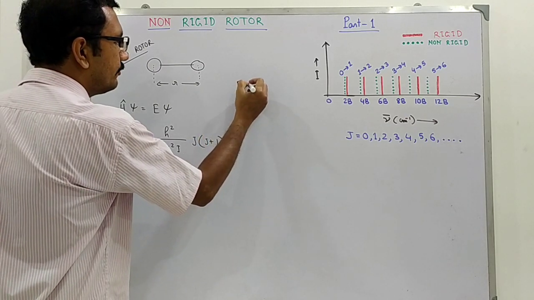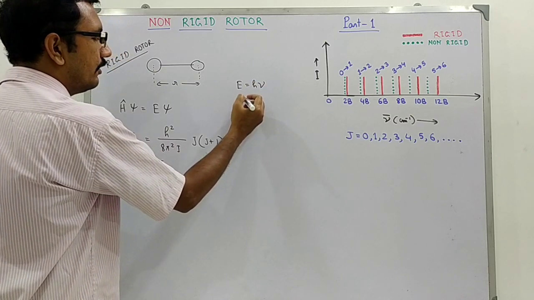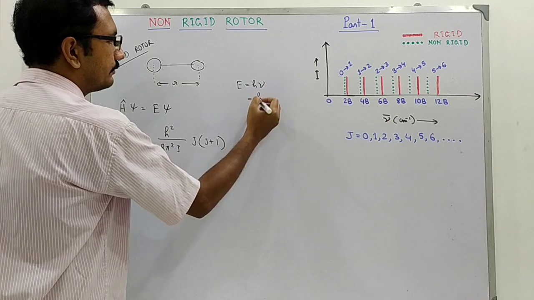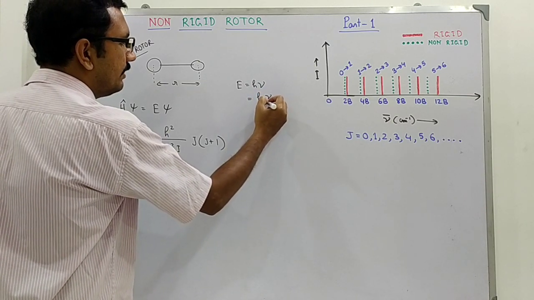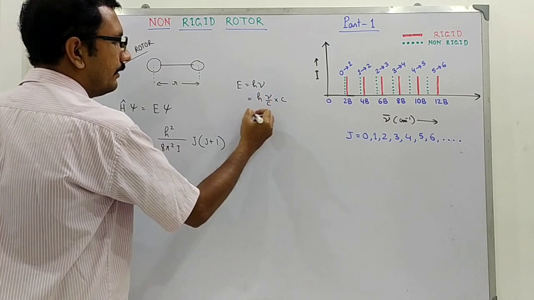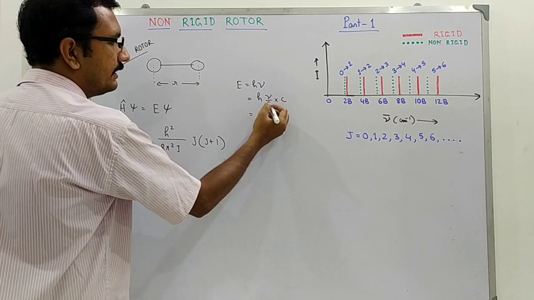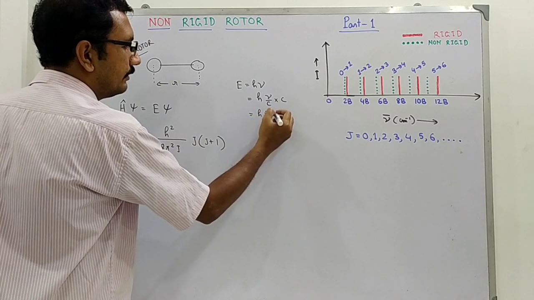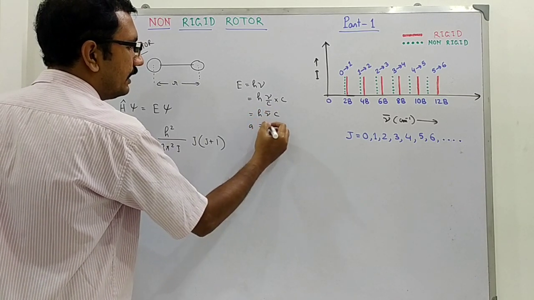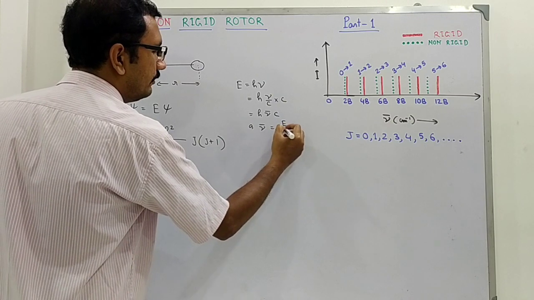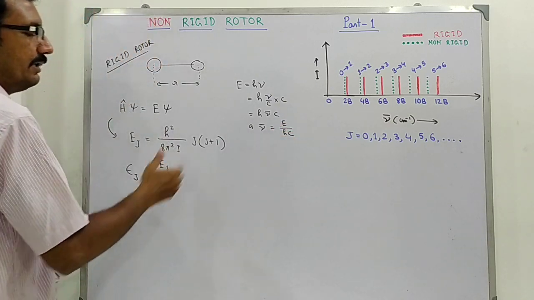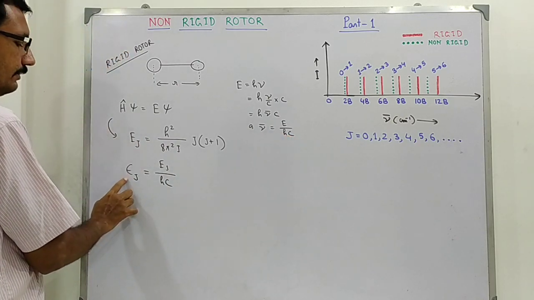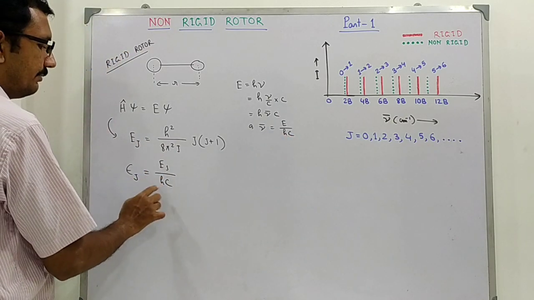We have E equals h nu, Planck's law, and we can write nu as c by lambda, that is, nu by c, the number of waves per centimeter. So that will be nu bar into c, or nu bar equals E upon hc. So the wave number is related to the energy by this expression. We can write the wave number equals E_J upon hc.